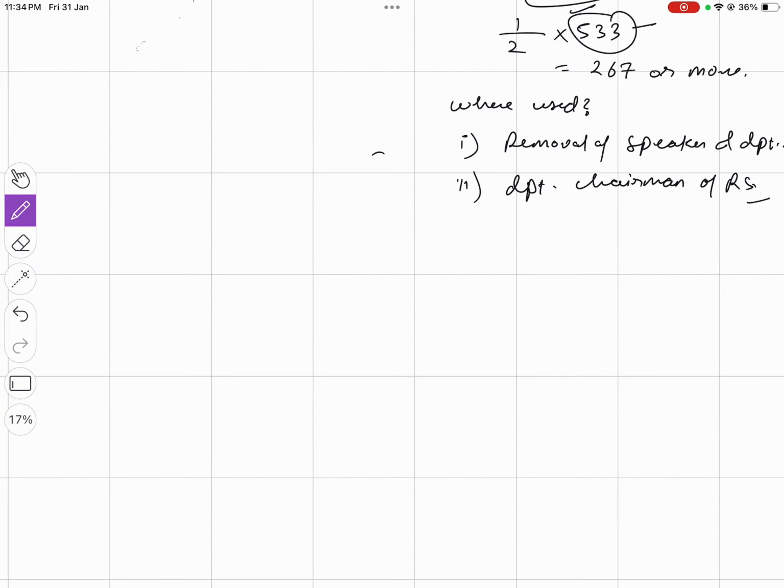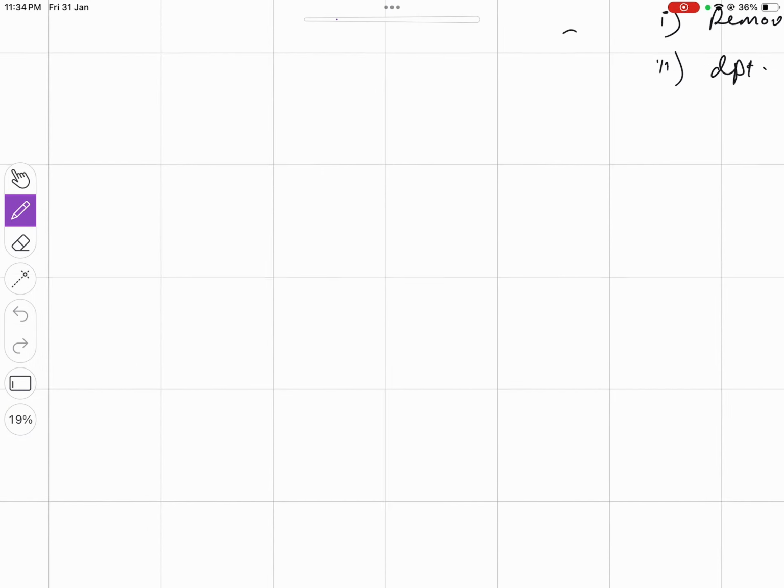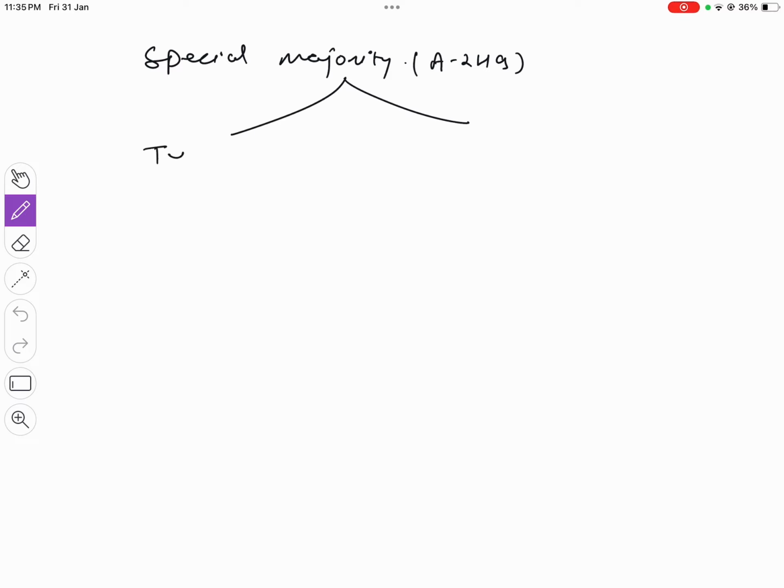And we are left with one more majority which is important, and that is special majority. This is Article 249. There are 2 types of special majority.